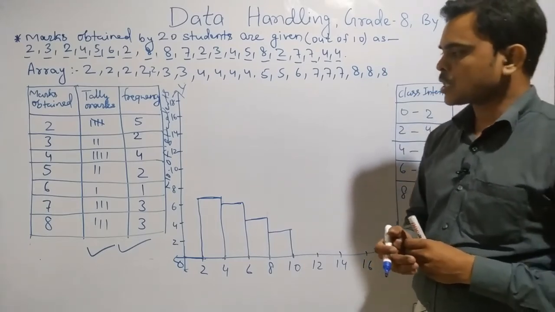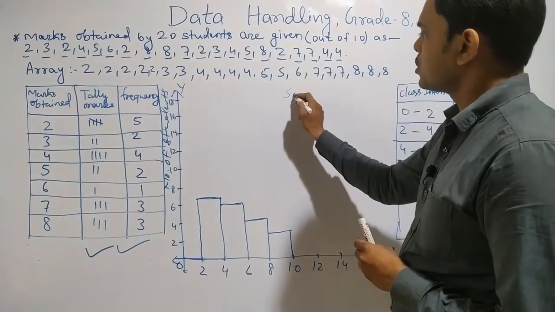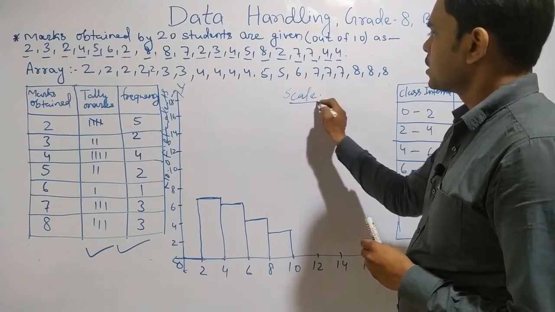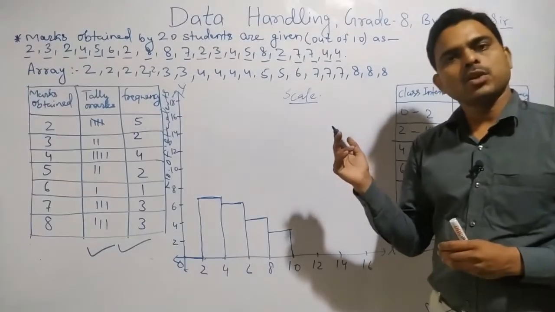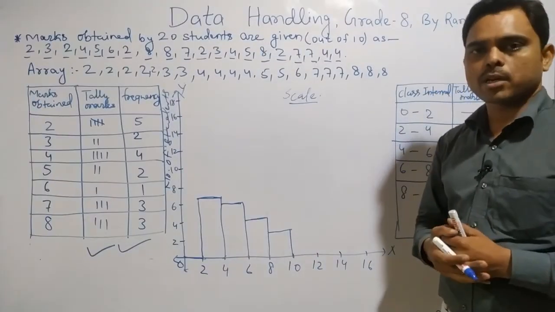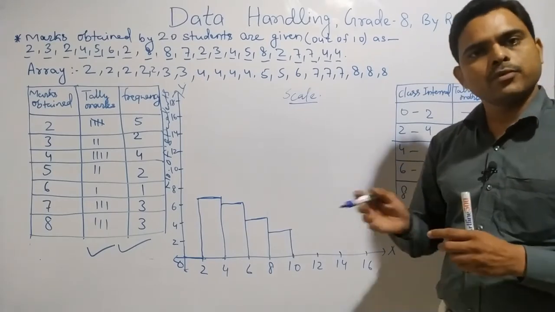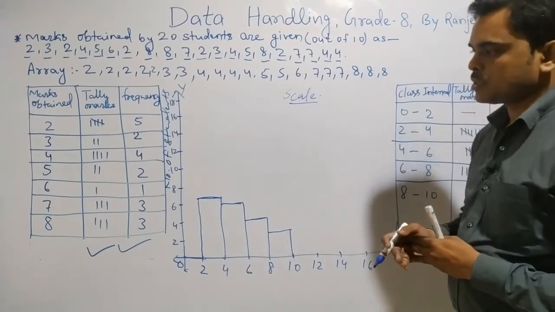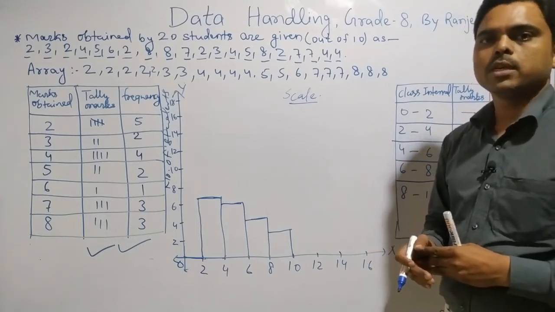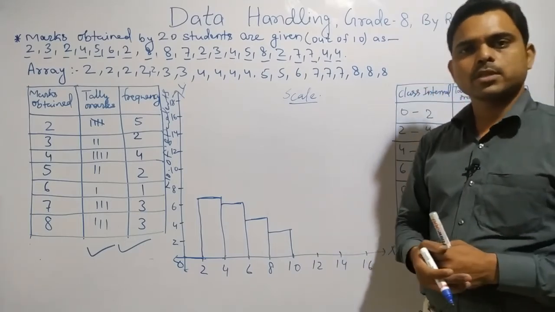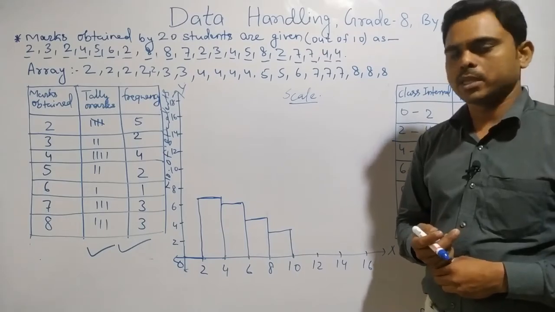The rest of the things are also important to write, which you will write. Scale is important in a bar graph also, which you will do. If you find any difficulties in understanding these two things, you must write in the comment box. I'm always available there.